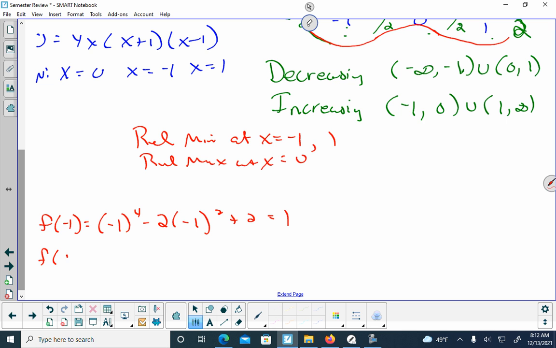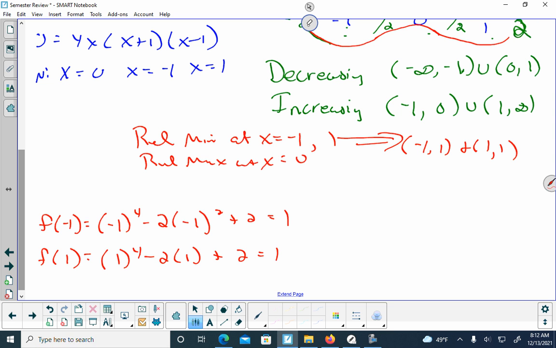When I do f of 1, well, it's an even function, so I'm going to have relative mins at -1, 1 and 1, 1.